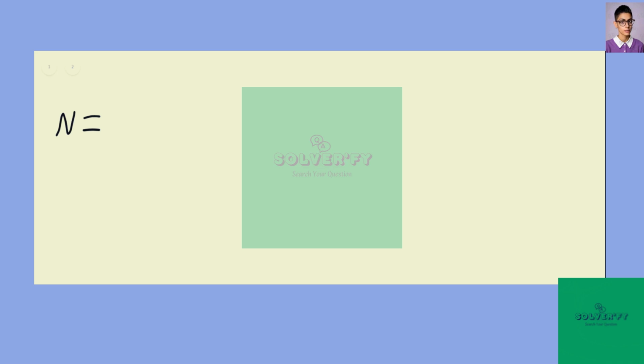So n is the number of slits, and how many do we have? Well, it says we have 10,000. d is the spacing of the slits, which is 10 to the minus fourth.